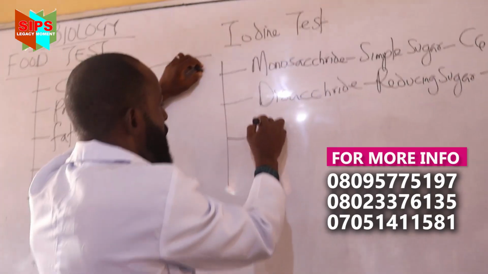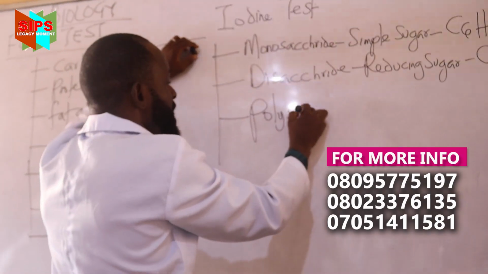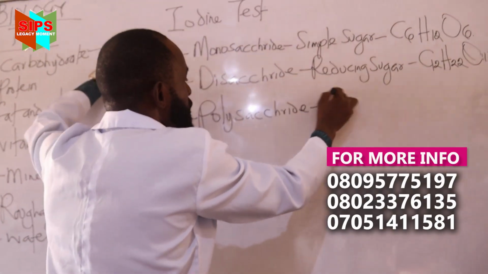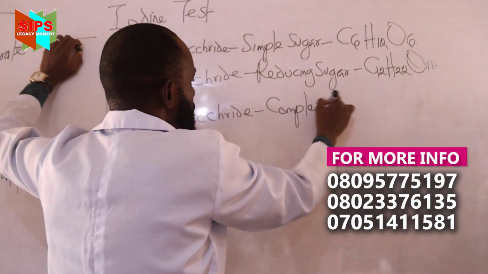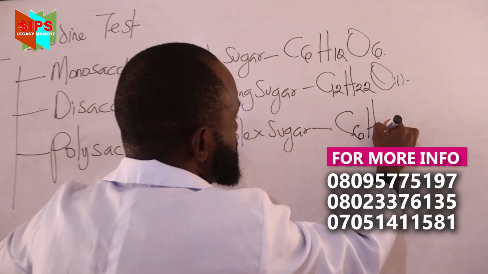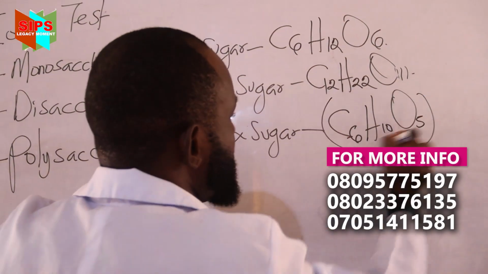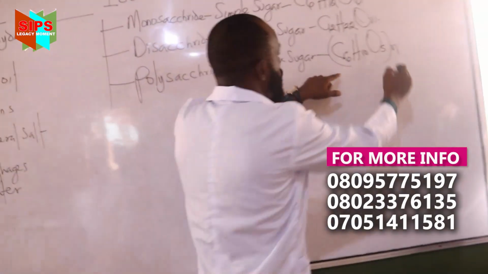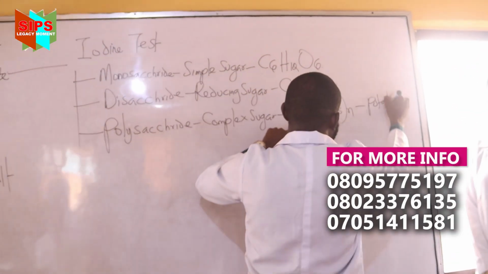The third is the polysaccharide, called a complex sugar, with the formula C6H10O5 bracket N.